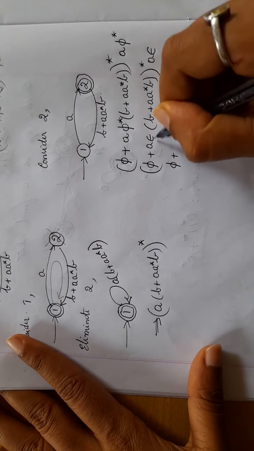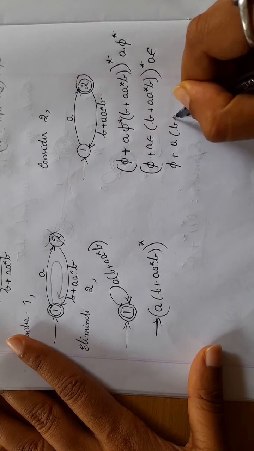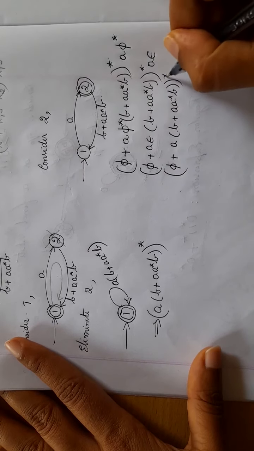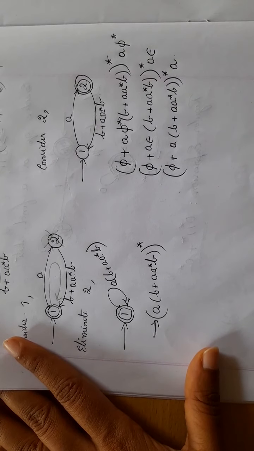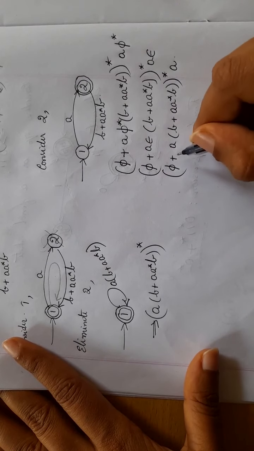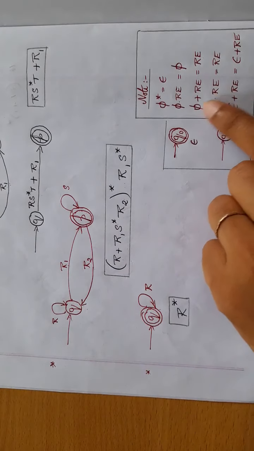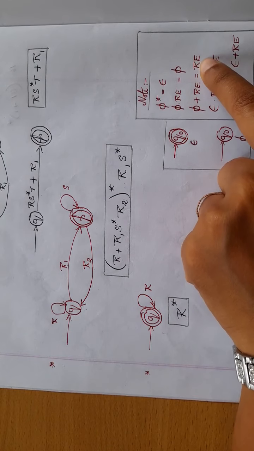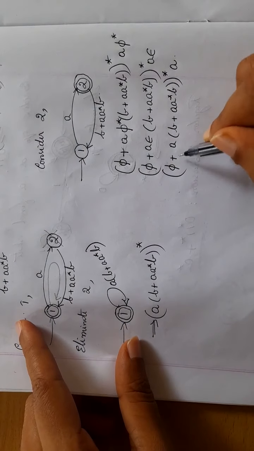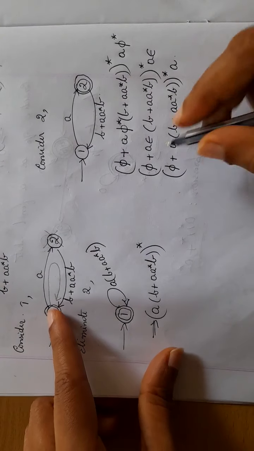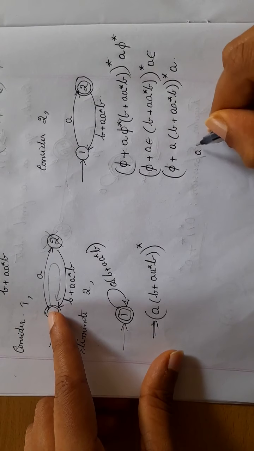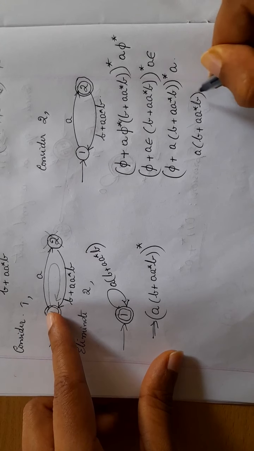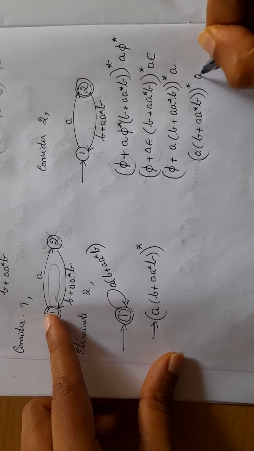So it is phi plus (AB + A*B) whole star and then A. Next I have phi plus a regular expression. What is phi plus a regular expression? Phi plus a regular expression is nothing but the regular expression itself. That is (AB + A*B) whole star A.